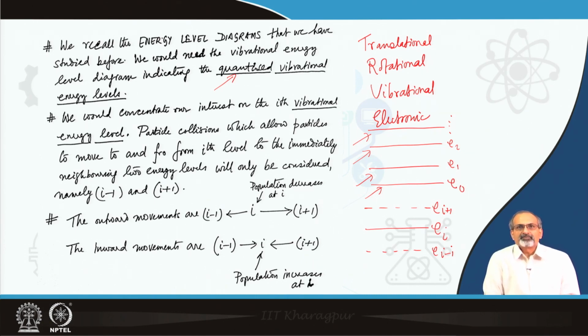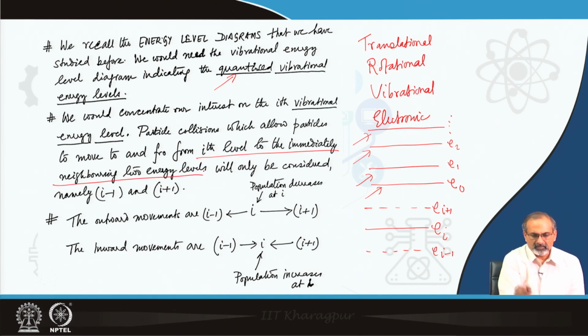Particle collisions, which allow particles to move to and fro from the ith level to the immediately neighboring two energy levels, will only be considered. Therefore, the two neighboring energy levels are i minus 1, which is below, and i plus 1, which is just above.